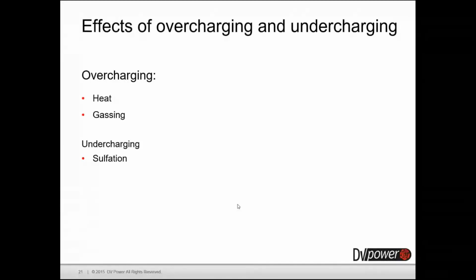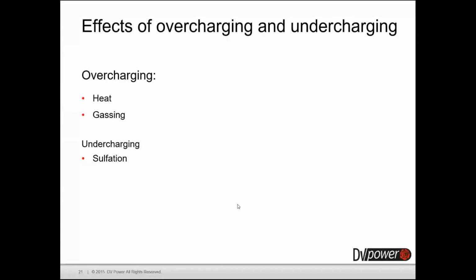And it can produce gassing, which is also fatal for all types of battery. And undercharging can cause sulfation. And if you have severe sulfation of the batteries, especially when we are speaking about a lead-based battery, then they are destroyed. You cannot use them.